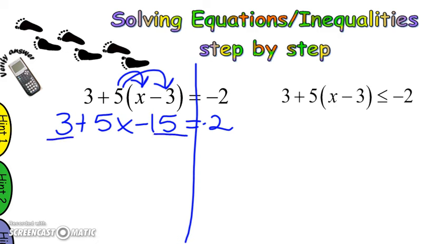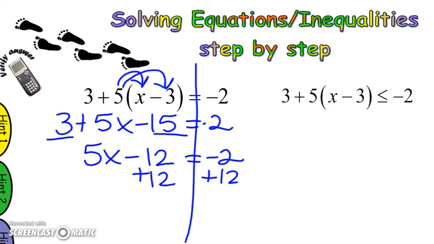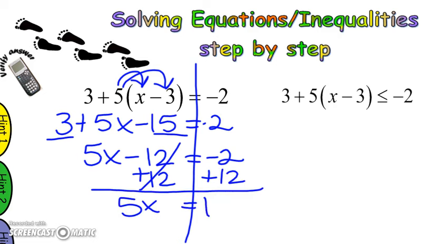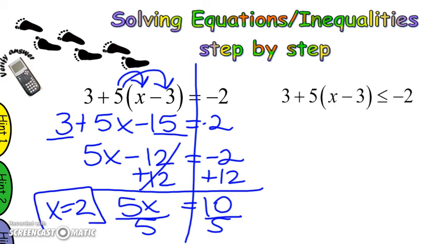This and this can be combined, so I have 5x minus 12 equals negative 2. Plus 12, cancel. 5x equals 10. Divided by 5, so x equals 2. We know everything is going to be the same, so we know that x has to be less than or equal to 2.